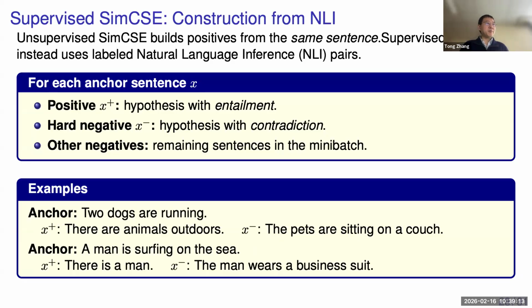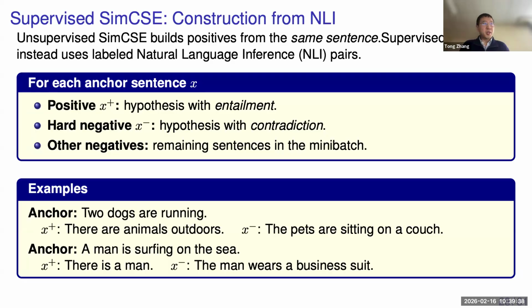It could be surfing on the sea in a business suit, but first it's unlikely, and also it's not inferred by that. So something like that. Then you can create that data and do some contrastive learning. Essentially, contrastive learning in the embedding space is like a nearest neighbor classification to say what the positive and negative pairs are.